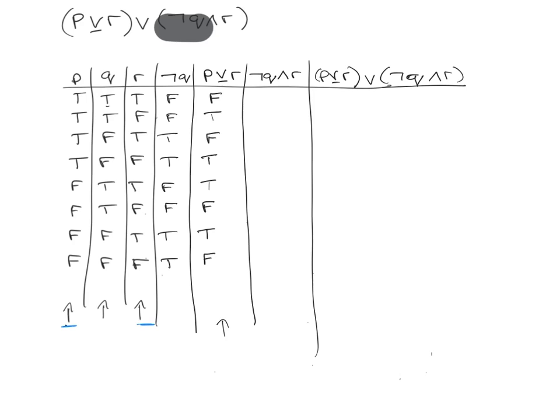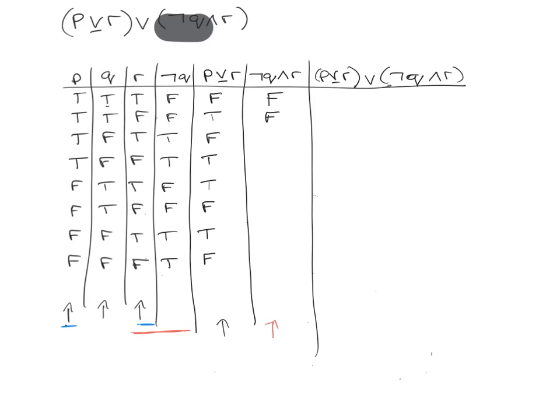Now the next column we're looking at is not Q and R. So now we're looking at these 2 columns. And because it's an and, this is only true if they are both true. So in the first row, because not Q is false, this is false. Second line, they're both false, so this is false.